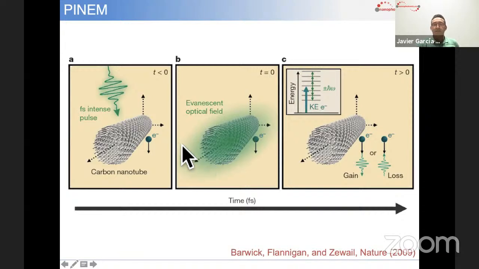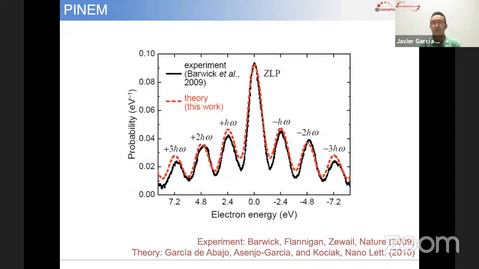So what he did was to invent this technique whereby he was able to have femtosecond pulses of electrons and light interacting with the sample, and as a result of that, the electron could absorb or emit multiple photons, because the interaction could be really, really strong. You know, with femtosecond pulses, you can crank up the intensity without damaging the material. That's one of the advantages.